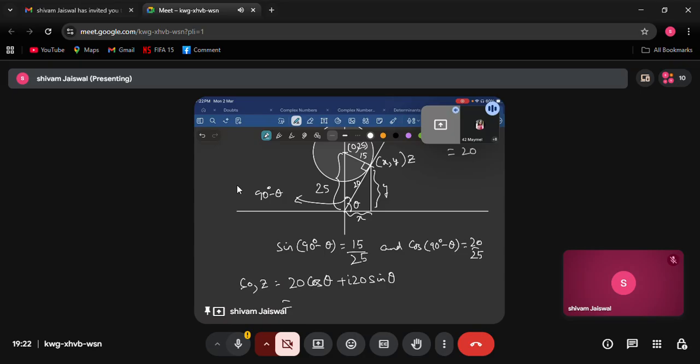Cos theta is equal to 15 by 25, that will give us 3 by 5. So 20 into 3 by 5 plus iota into 20 into 4 by 5. Right, tell me, Sarthak, are you getting it? Yes, sir. This will give us 12 plus 16 iota.